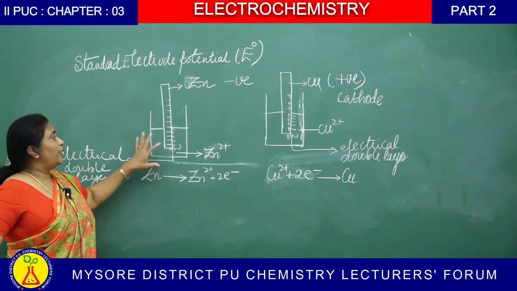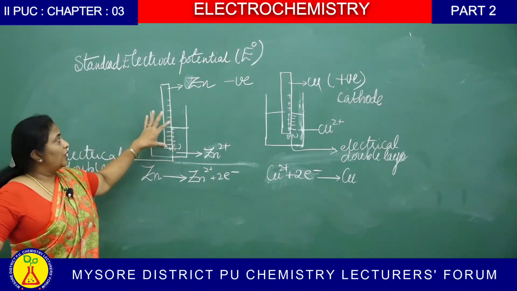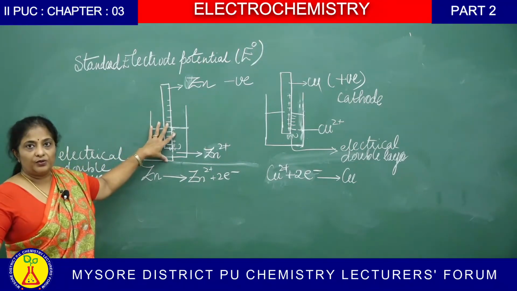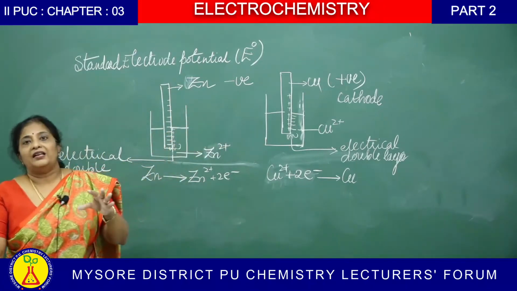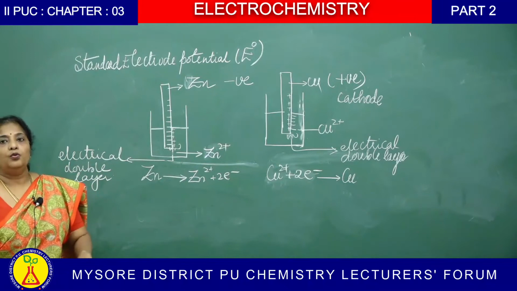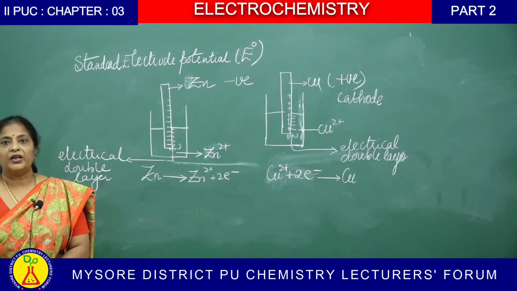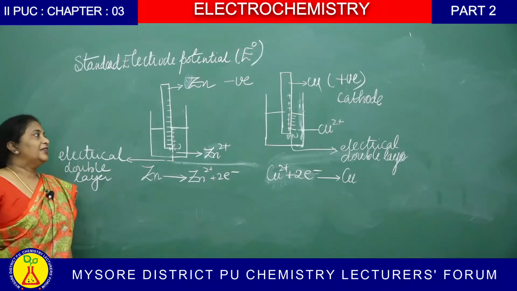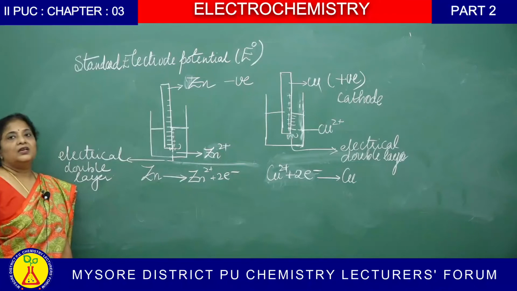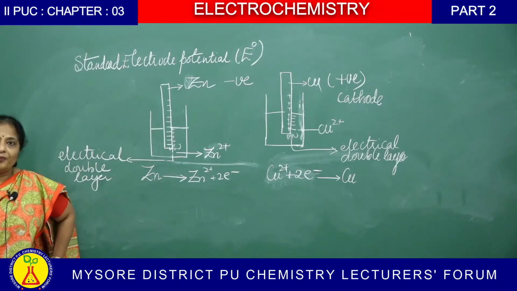So, if I want to measure the electrode potential of different electrodes, I have to connect it to another electrode whose electrode potential is known. You know the electrode potential of that particular electrode, and then you find out the EMF of the cell by potentiometry.